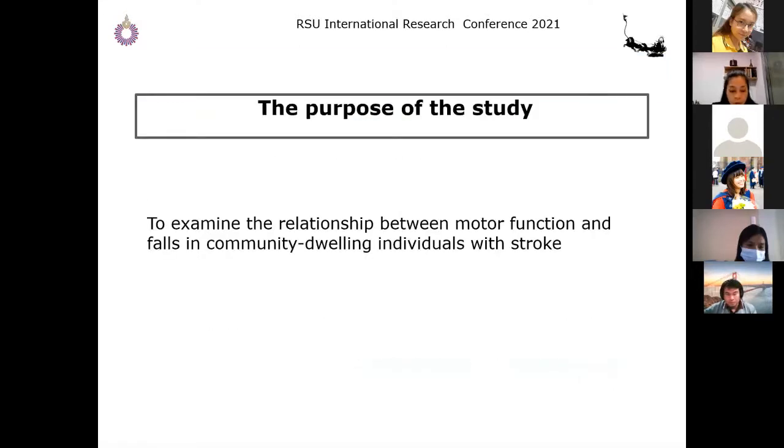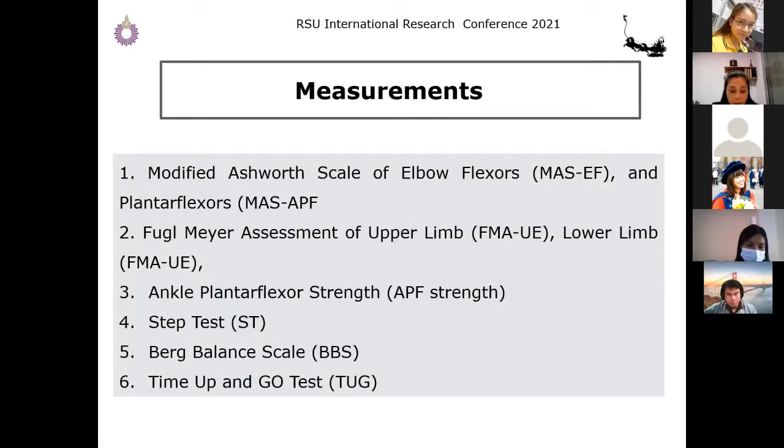Therefore, the purpose of the study was to examine the relationship between motor function and falls in community-dwelling individuals with stroke. The measurements included the Modified Ashworth Scale of elbow flexor and plantar flexor, Fugl-Meyer score of upper limb and lower limb, ankle plantar flexor strength, step test, Berg Balance Scale, and Timed Up and Go.